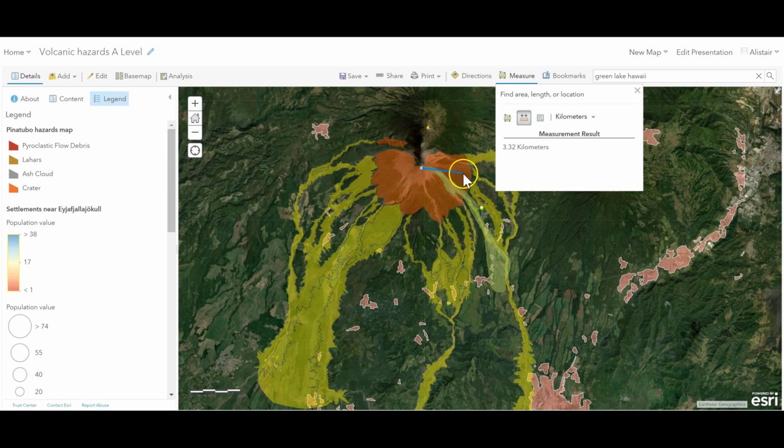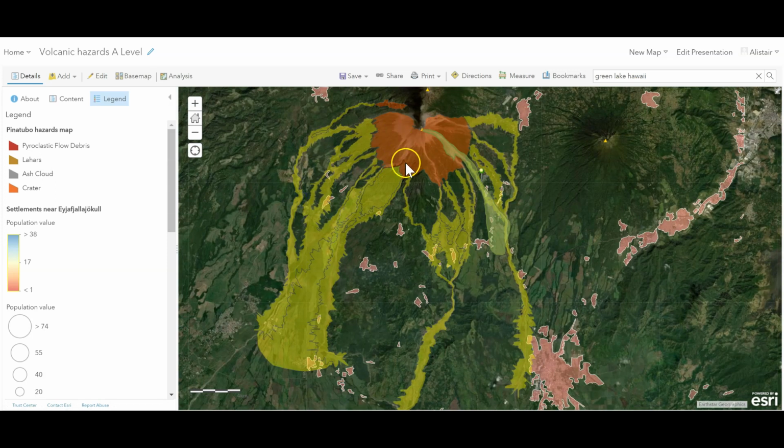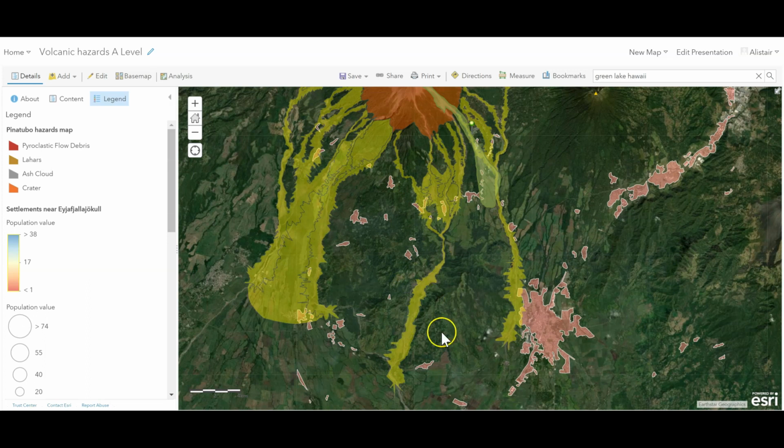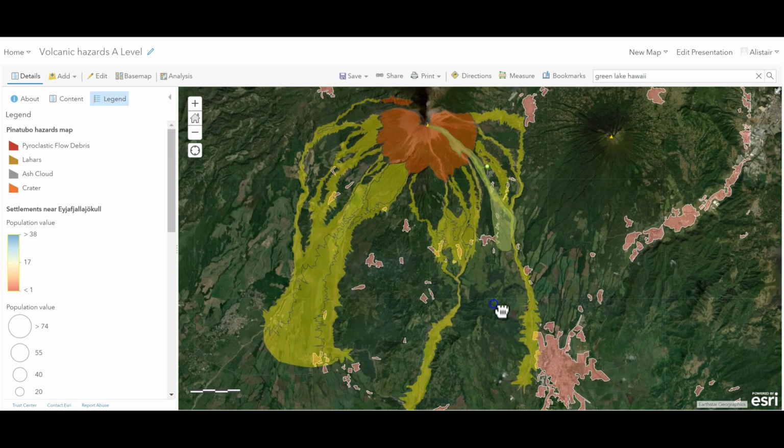They're just estimating that within a few kilometers there'll be nobody living there because it's actually on the cone of the volcano itself. But if you look at the lahars, these are travelling much further down away from the eruption itself as well. So they produced these in the days after the eruption to try to warn people of the potential hazards.